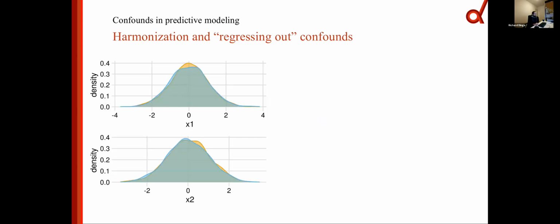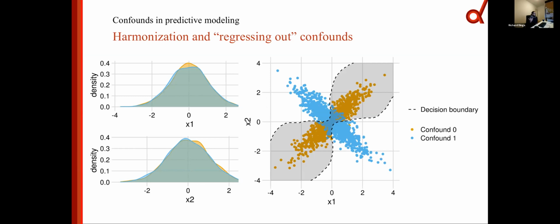And the last thing is that maybe, again, there is nothing else in this data set about the confound groups that I can adjust in individual variables. But if I put the variables together, now there is a pattern that I can learn.